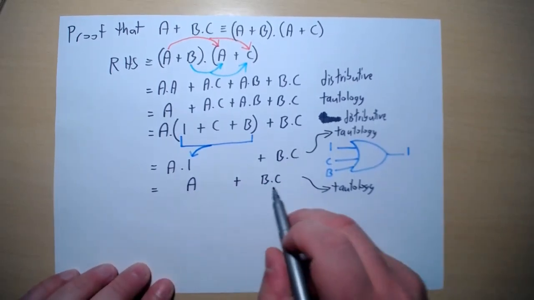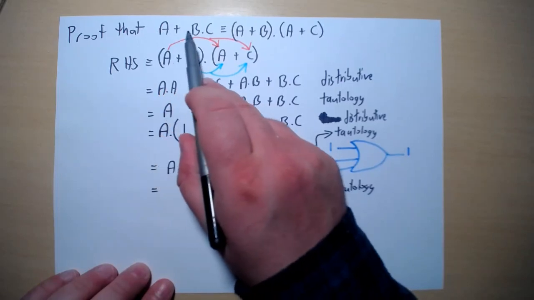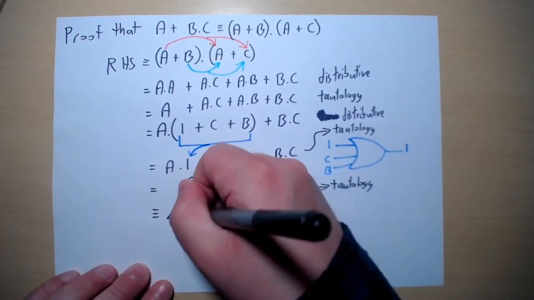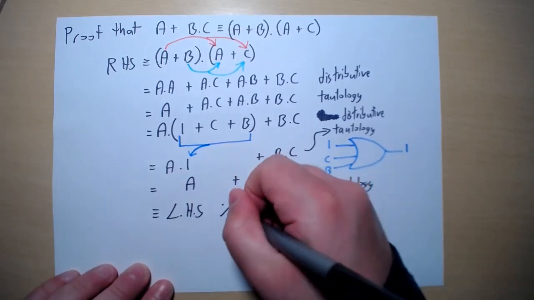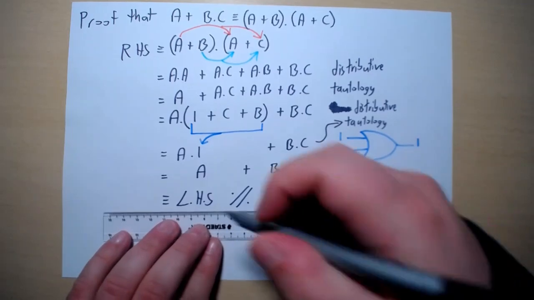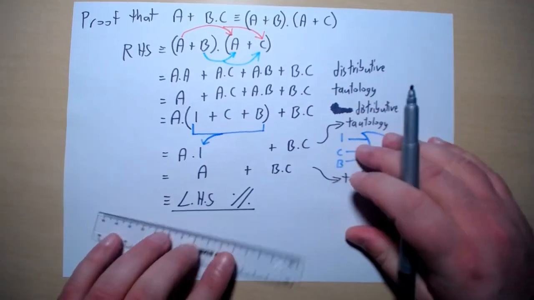Now A or B and C is equivalent to the left-hand side, so it is identical to the left-hand side, as required to prove. Therefore, our proof is now completed.